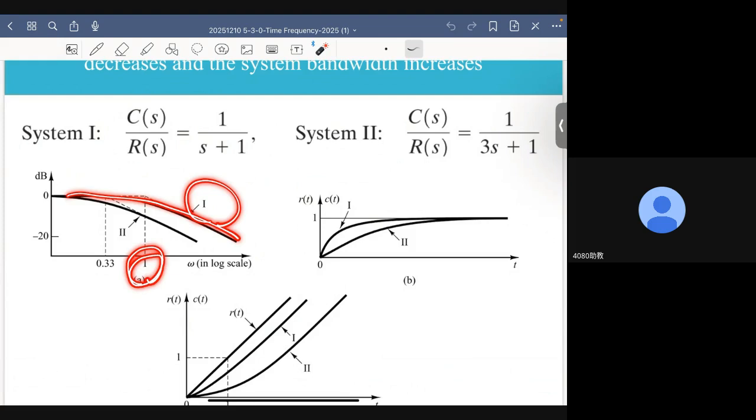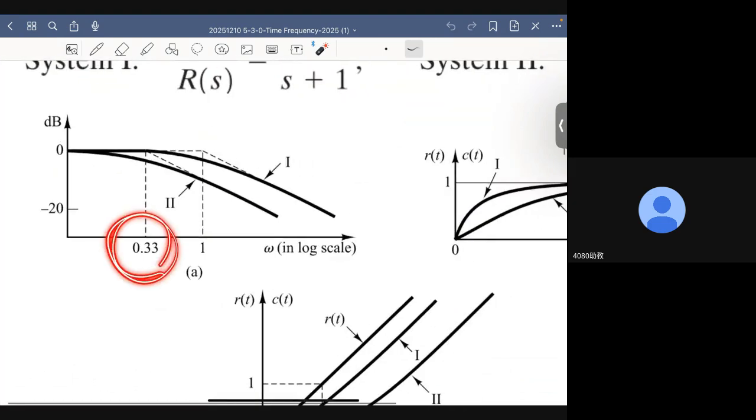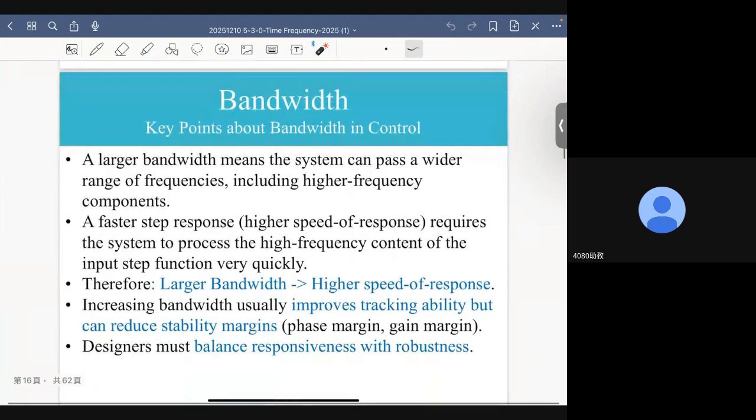In comparison, system 2 has a time constant of 3, and its pole is therefore located at -1/3. So this is the corner frequency or the break frequency of system 2. By comparing these two magnitude plots, it is easy to see that system 1 has larger bandwidth.